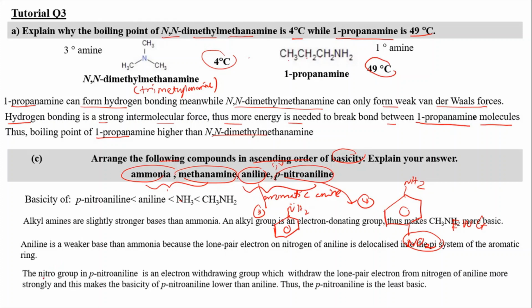Lastly, the nitro group of p-nitroaniline is an electron withdrawing group, which withdraws the lone pair of electrons from the nitrogen more strongly, and this makes the basicity of para-nitroaniline lower than aniline. Thus, p-nitroaniline is the least basic. Alright, so this is the explanation for 3C.